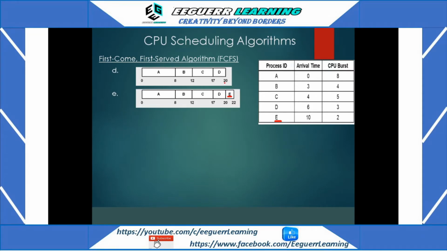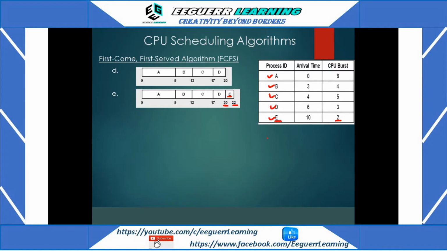We stop with the value of 20 milliseconds, and the CPU burst of process E is 2. So 2 plus 20 will give us 22. Now we are done processing all the processes, A, B, C, D, and E.